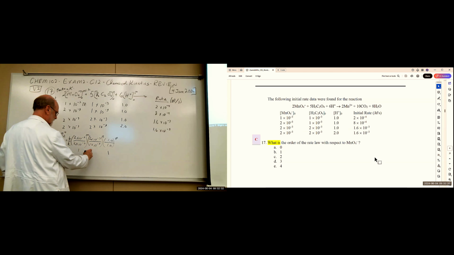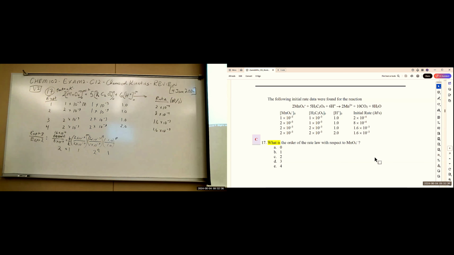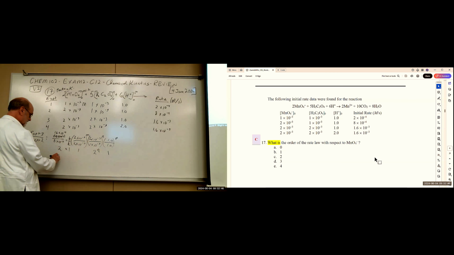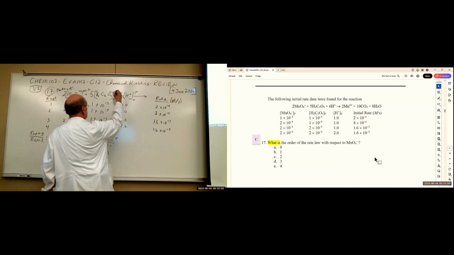And this one is 2 to the n power. All right? Haven't lost you? Okay. So the power n has to be 1, right? So this n is equal to 1.